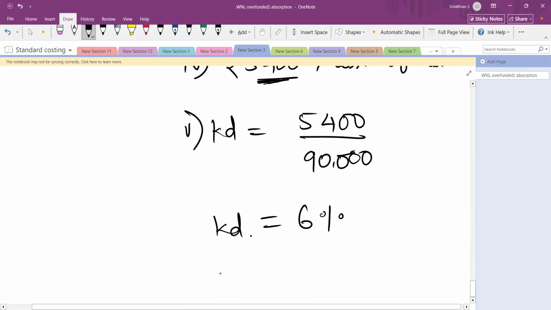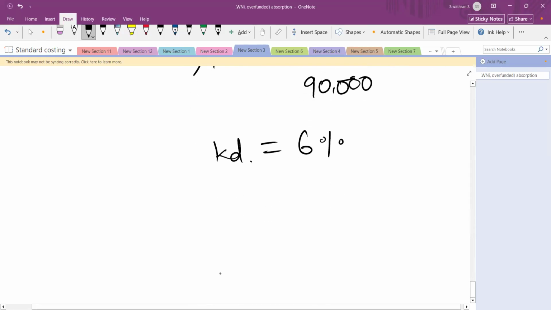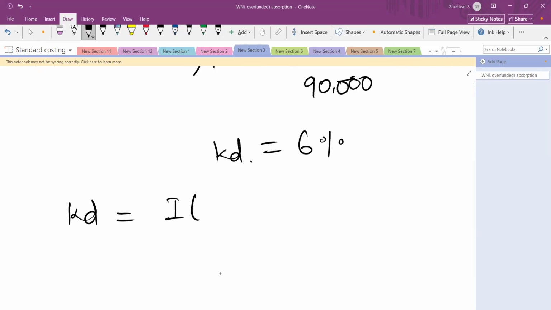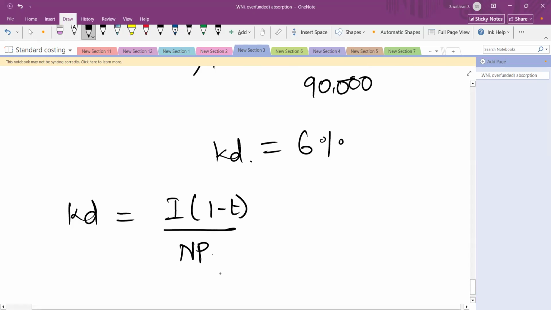Now let's see how to calculate this cost of debt within seconds by making use of the formula. We know that cost of debt of the irredeemable debt is I into 1 minus T divided by NP. While using the formula, we can take the value per debenture, or we can also take the value of all the 1,000 debentures. It will give us the same answer.